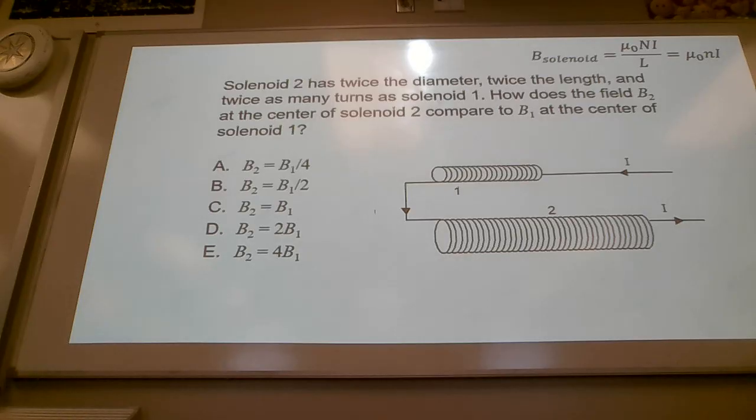What we're saying is, in these questions, these are all ideal solenoids. Tell your neighbor.